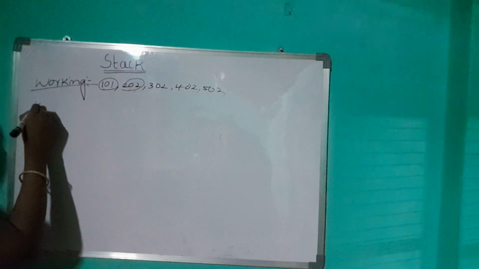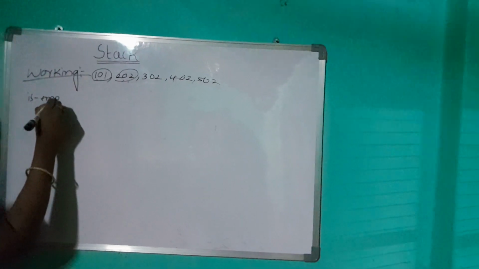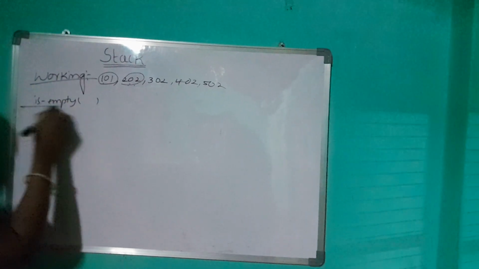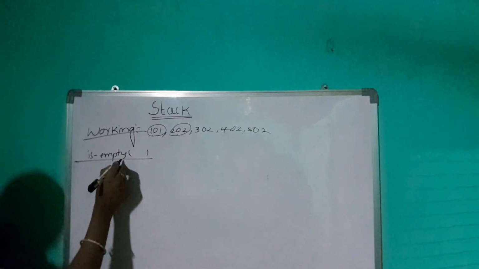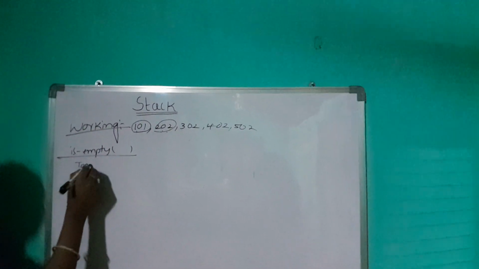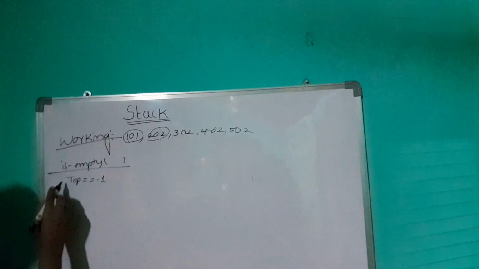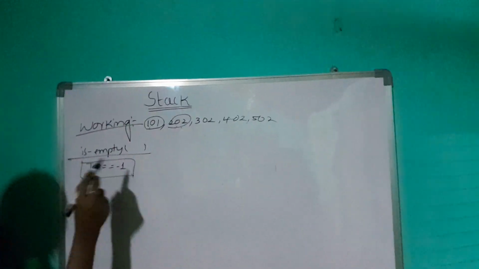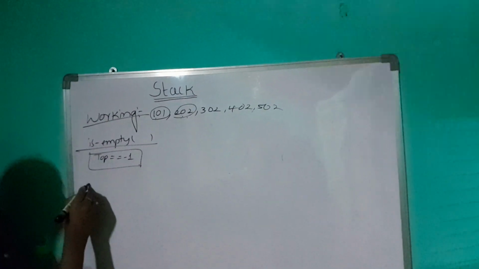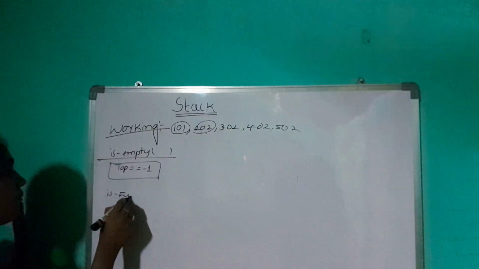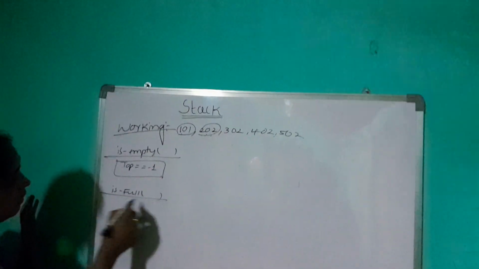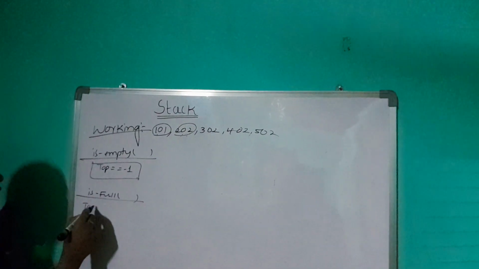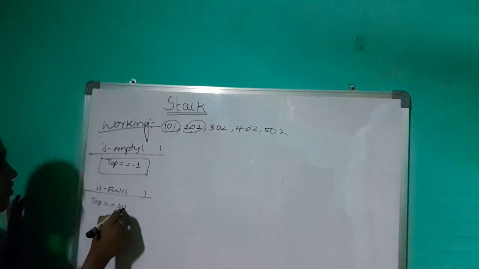Now I will explain the is empty condition. First, the stack. Here we are using the top pointer to point to the elements on the stack. Is empty means top is equal to minus 1. When top is equal to minus 1, then the stack is empty. Is full condition: when top is equal to size minus 1.